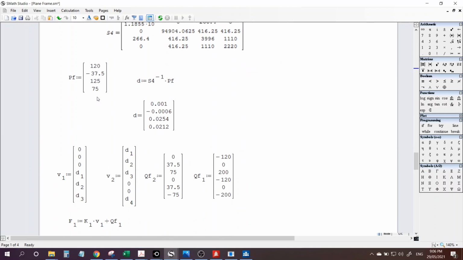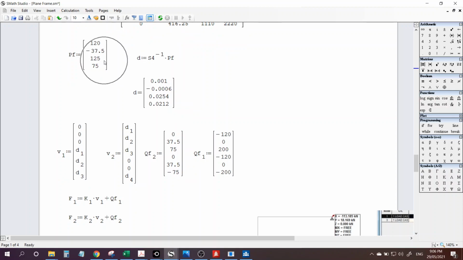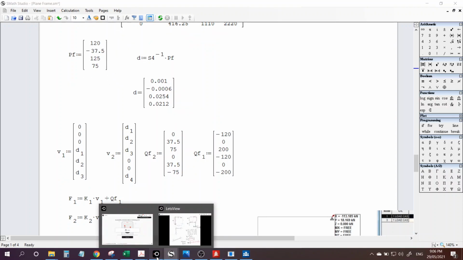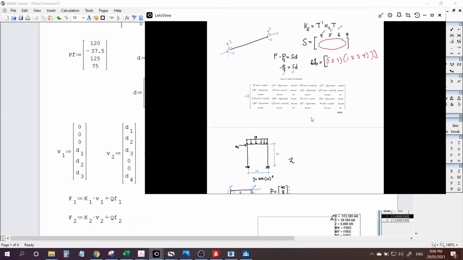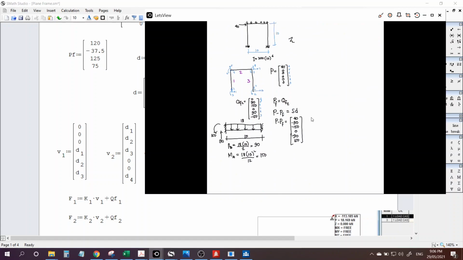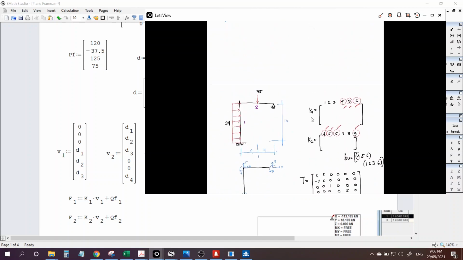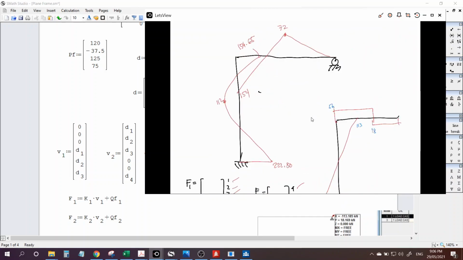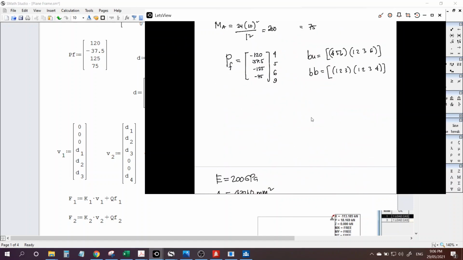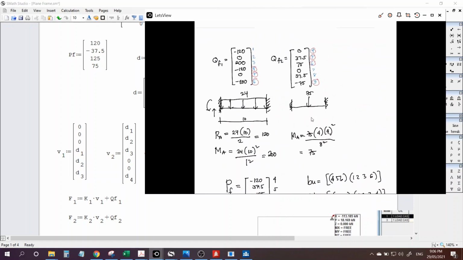And how about P sub F? How do we derive this? Let me show you. This is our structure.